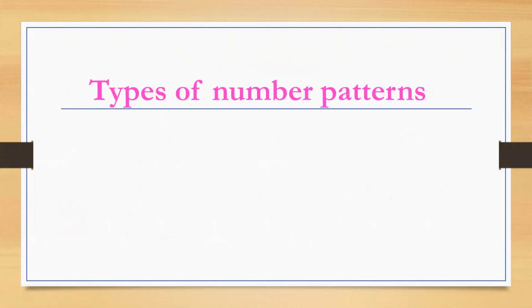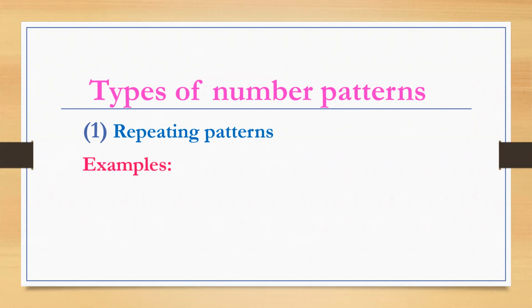Number patterns can occur in different forms. The first one is what we call repeating patterns. In a repeating pattern, the numbers repeat themselves in a regular way. Let us consider these examples. First one, we see 4, 5, 4, 5, 4, 5.